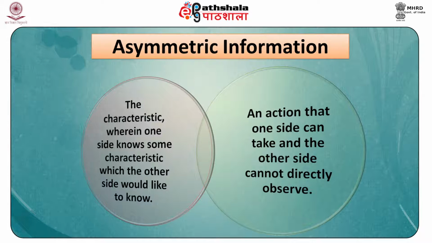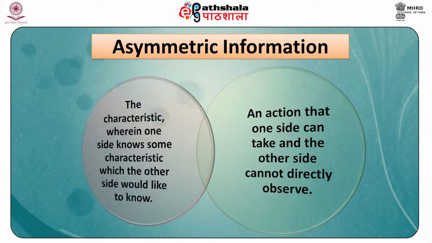The asymmetry in information can arise from two types of information. First, about the characteristic, wherein one side knows some characteristic which the other side would like to know, and second, about an action that one side can take and the other side cannot directly observe.